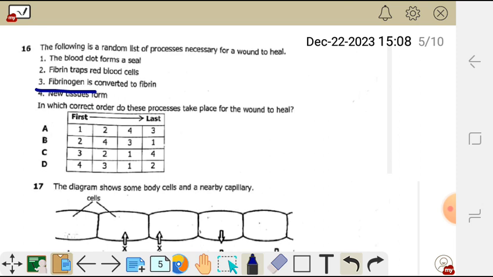So we have 3, 2, 1. Then when a clot is formed, that clot is going to seal, covering the opening made by a cut, for example, so that bleeding stops. Then new tissue is going to form. So the correct order is 3, 2, 1, 4. The correct answer there is C. Question 16, correct answer is C.